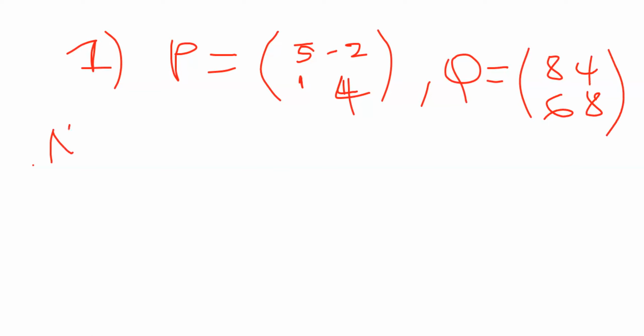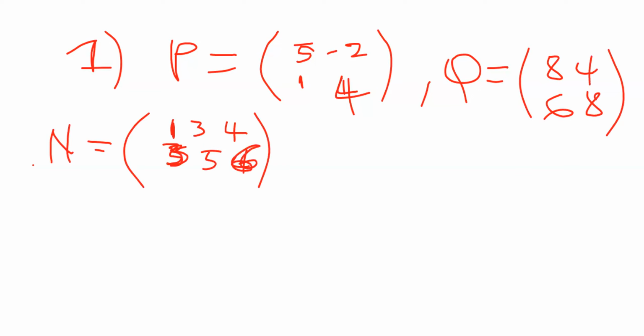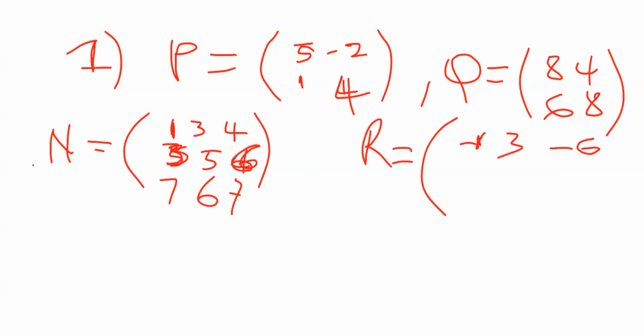Matrix N: 1, 3, 4, 3, 5, 4, 7, 6, 7. Matrix R: minus 1, 3, minus 6, 2, 4, minus 2, 1, 6, minus 7. Is that okay?